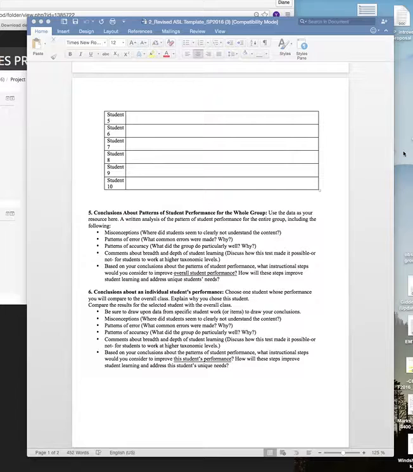So we want to know what are this particular student's misconceptions, what is this student's particular pattern of error, what did they do well, and then again, what do they know really well? Were they able to work these problems at higher levels? Did they understand all of the clarifying objectives, all of the learning targets?